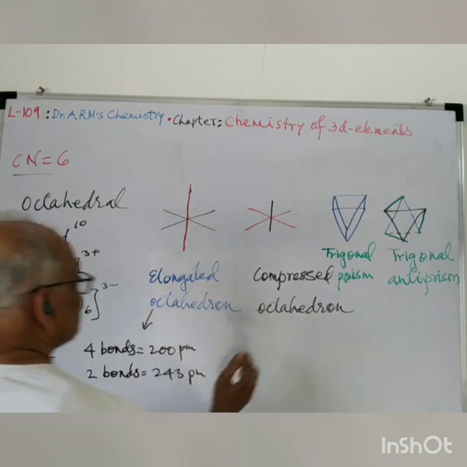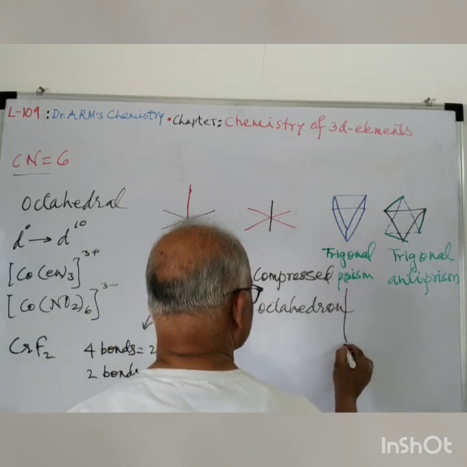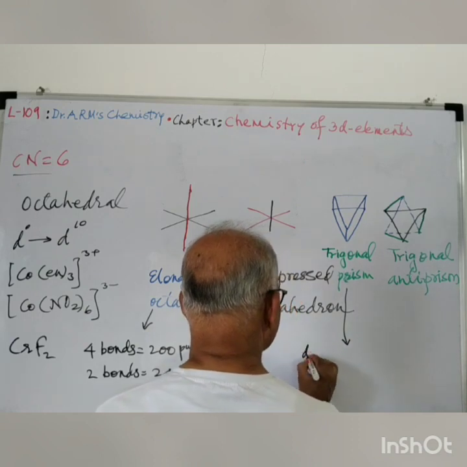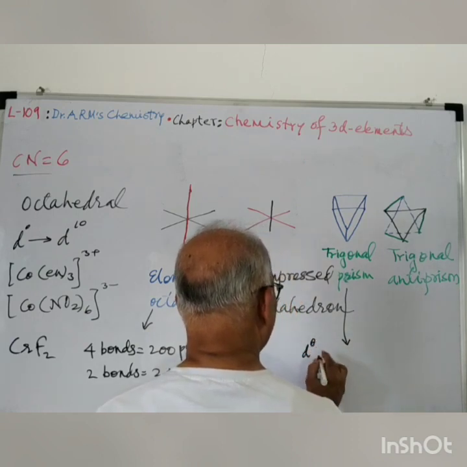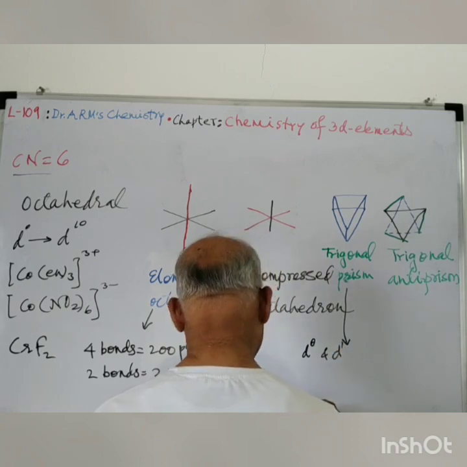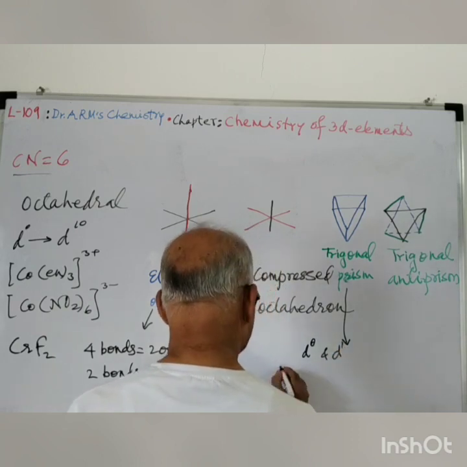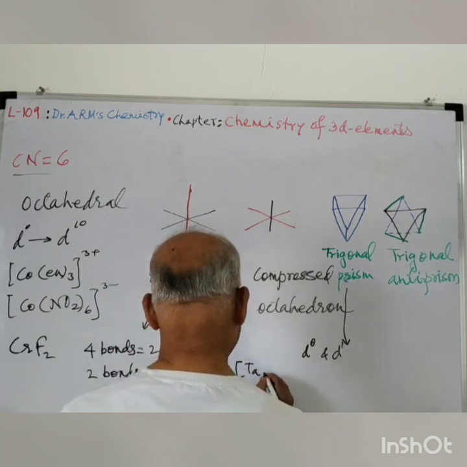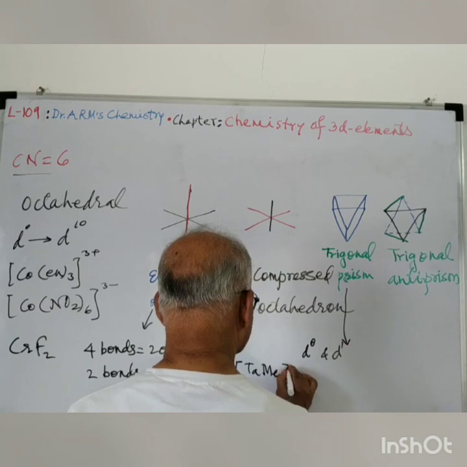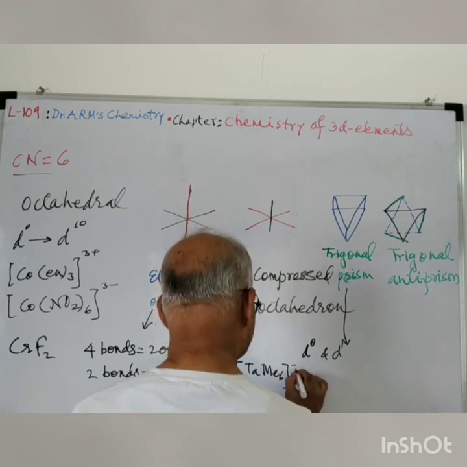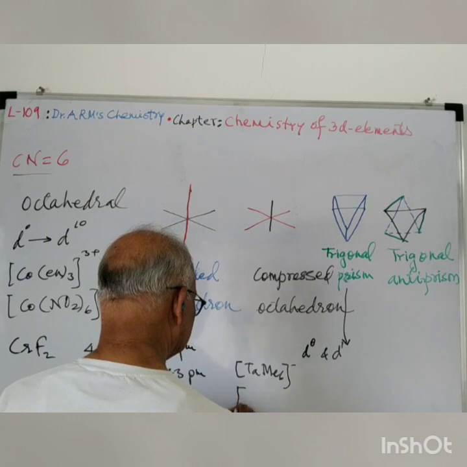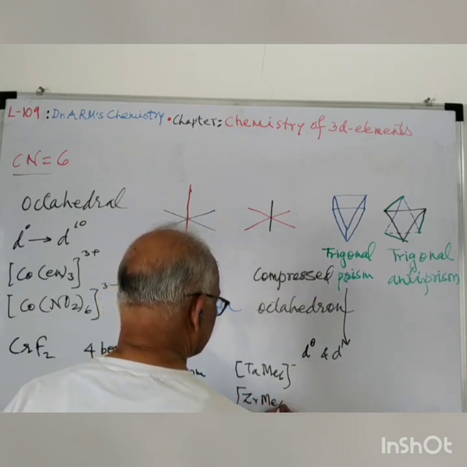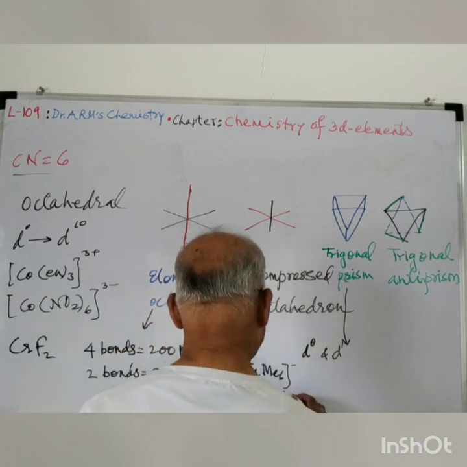Now we can have the examples of this structure which have d0 and d1 configuration. For example, tantalum TaF6 minus, then TaF6 2 minus.